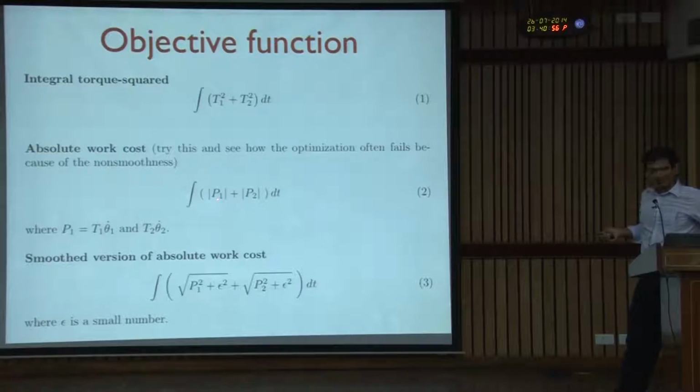One way of removing these absolute value signs without completely changing the cost is to say that the absolute value of p is approximately equal to the square root of p squared plus epsilon squared, where epsilon is a small number. This is arbitrarily differentiable, including at p equal to 0.